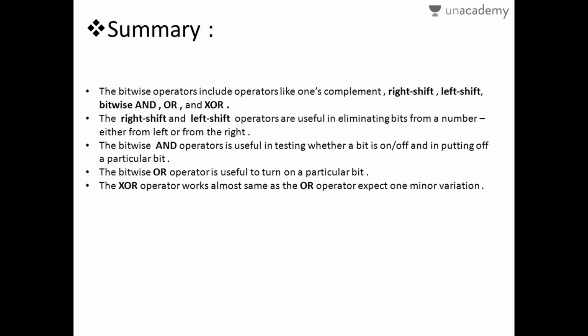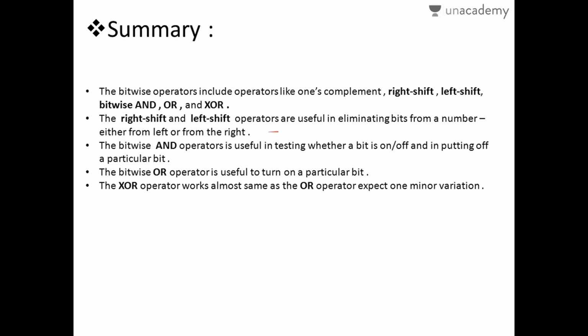Coming to the summary, we have gone through the bitwise operators including right shift, left shift, bitwise AND, OR and XOR. Right shift and left shift are usually useful in eliminating bits from a number, either from the left side or the right side. AND is used for testing whether both of the bits are on or off, turning off a particular bit or directly giving on.